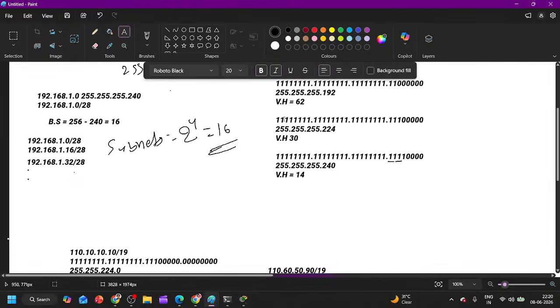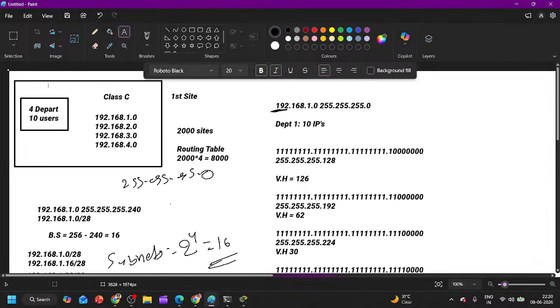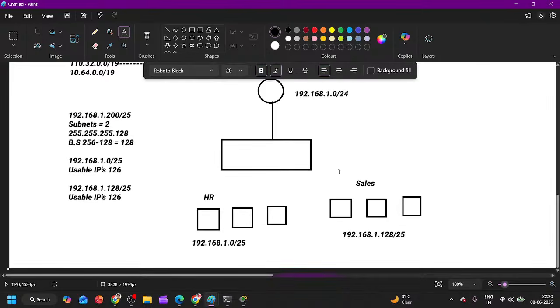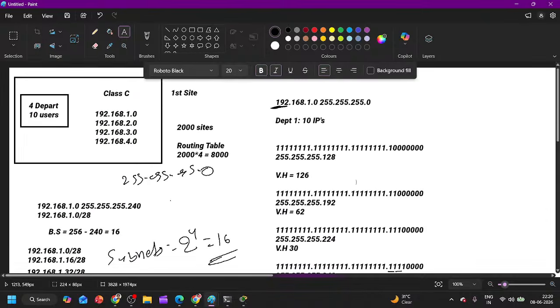Now tomorrow I will tell you how you can design a subnet, how you can plan IP addressing for companies, for organizations, based on your requirement. Before that, if you want to practice, you can take this as a challenge.